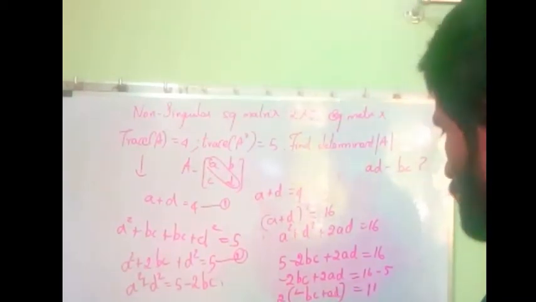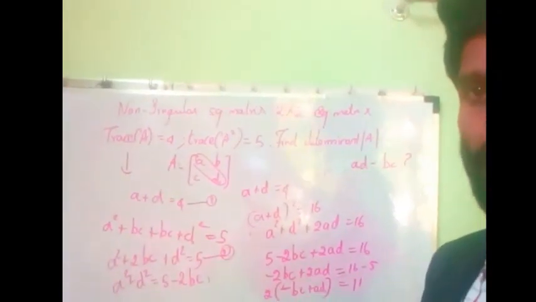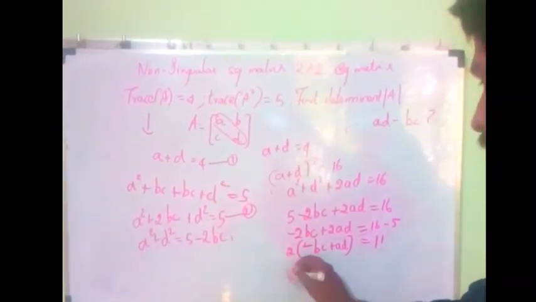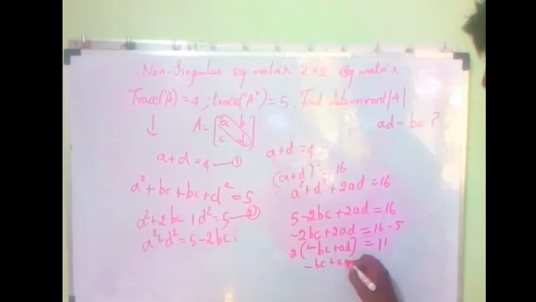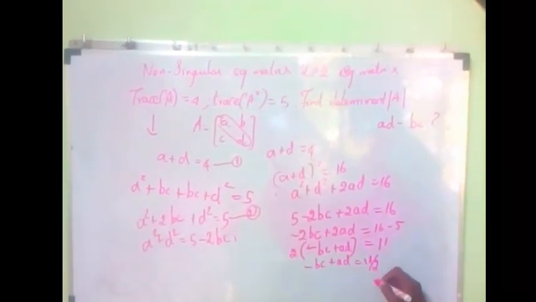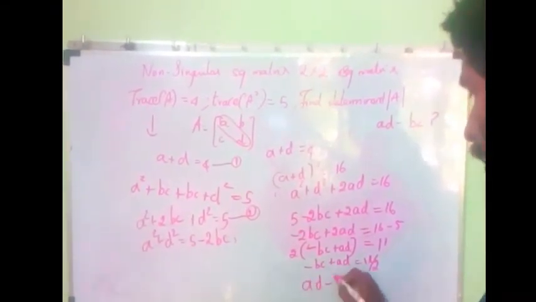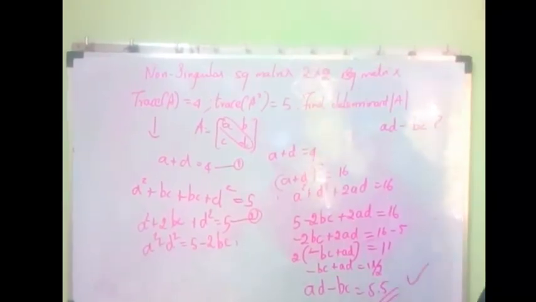Now you take the 2 down, so minus bc plus ad equal to 11 by 2. What's 11 by 2? 5.5. So I rewrite in this form: ad minus bc equal to 5.5, and this is the right answer.